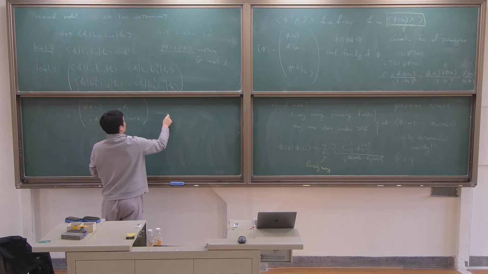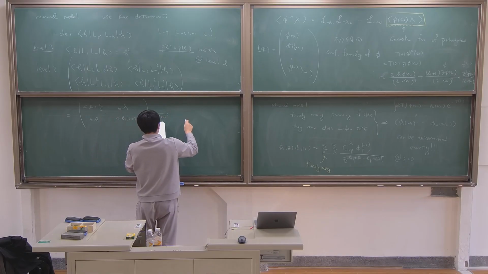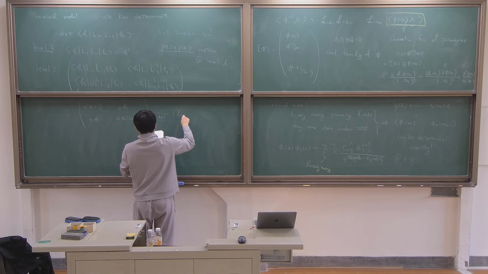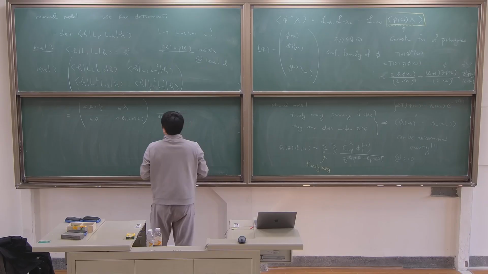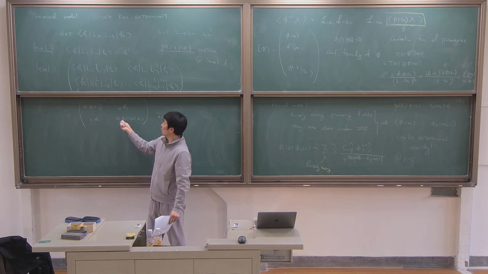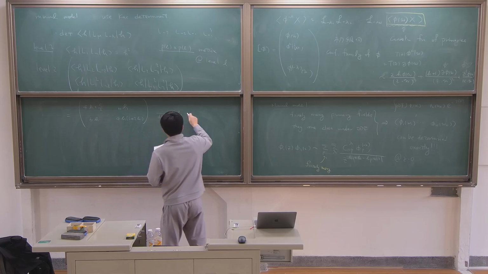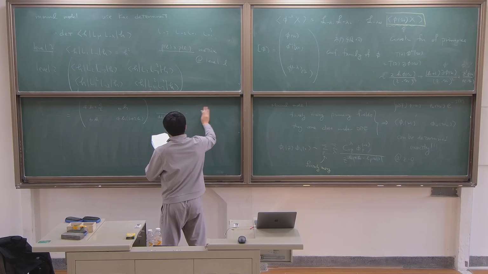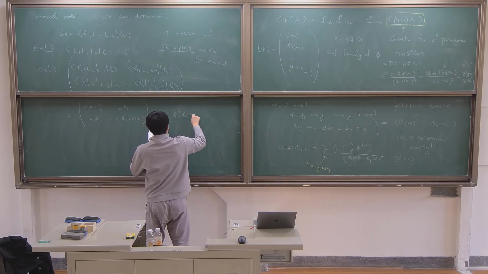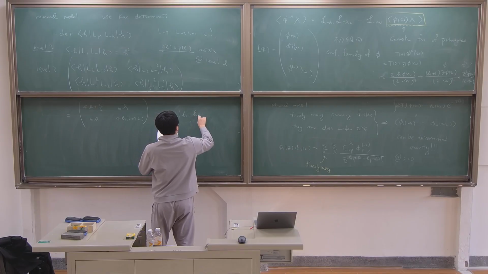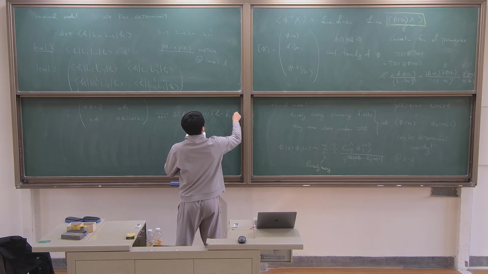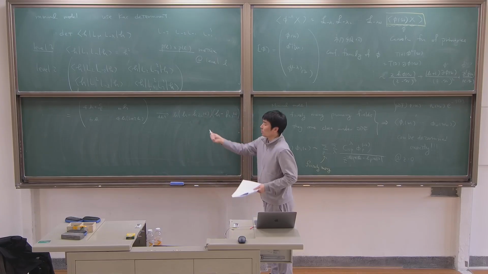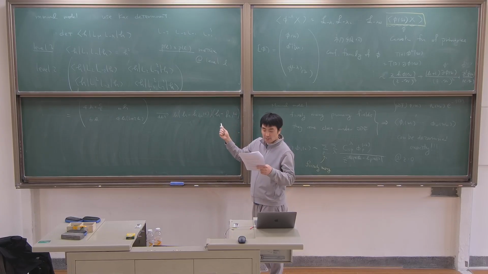Take the determinant, and you have something like this. It becomes cubic in h: h minus h_{1,1}, c, minus h_{1,2} c, h minus h_{2,1} c, like this way. So h_{1,2} and h_{2,1}, I think.